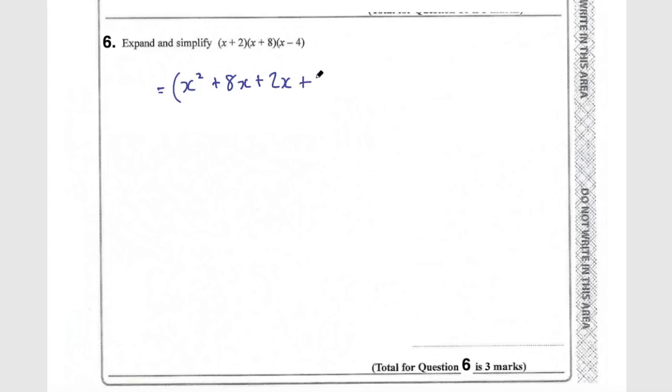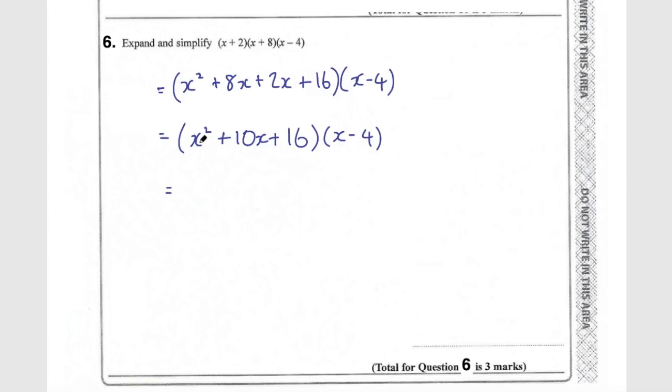Multiply the last terms, plus 16. And then I've still got this x minus 4 at the end. Actually, we still need to simplify this a little bit more, so that's going to be x squared plus 10x plus 16 times x minus 4, and then multiply everything in here by everything in here.